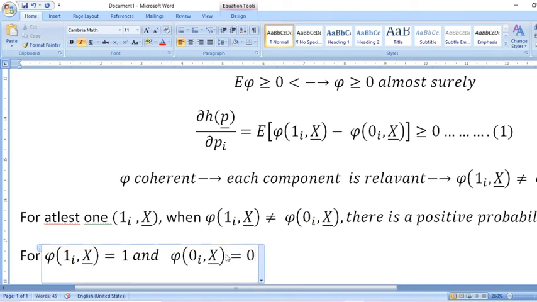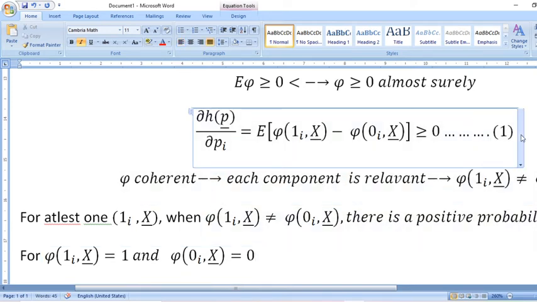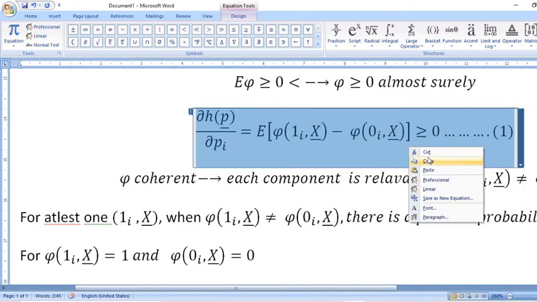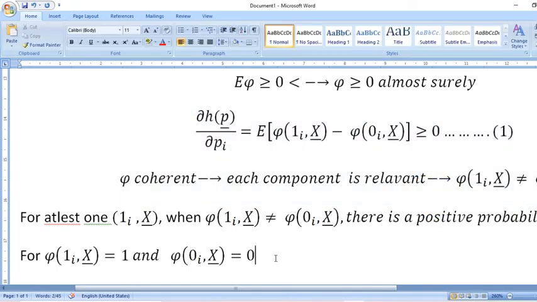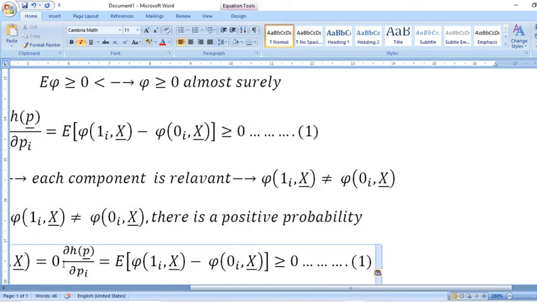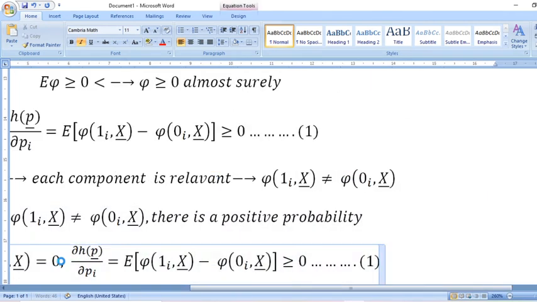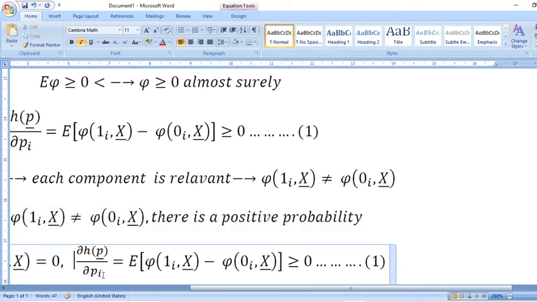So there is a positive probability. So what will be the difference? Then dou h by dou p is equal to expectation of phi of x. So it will be 1.